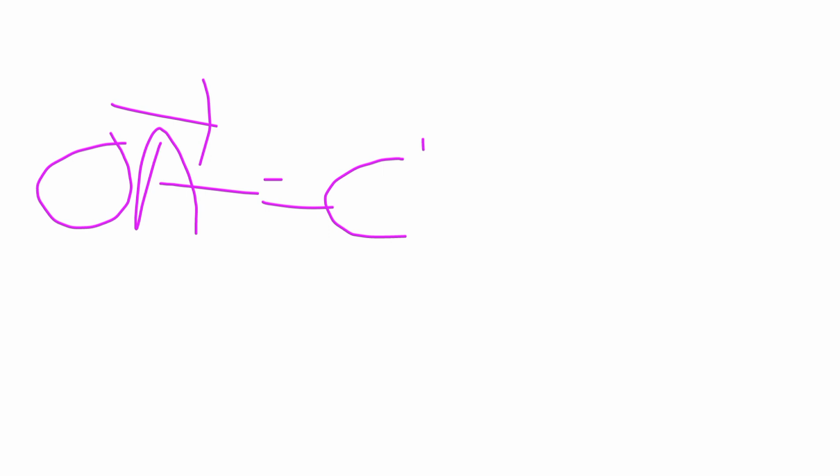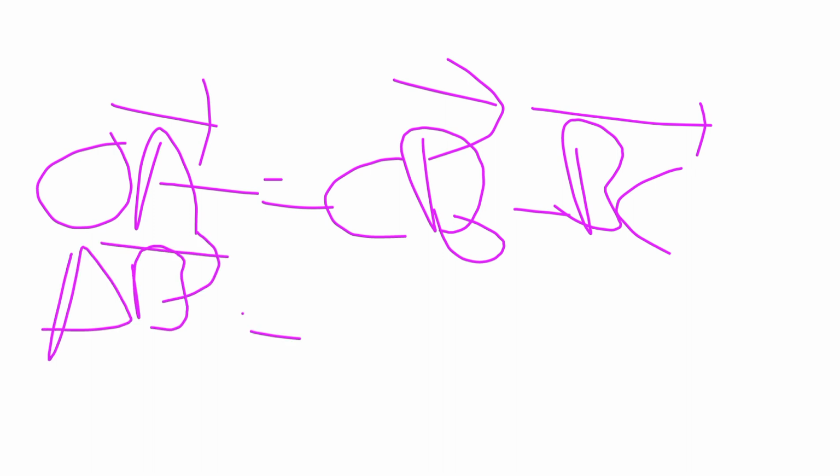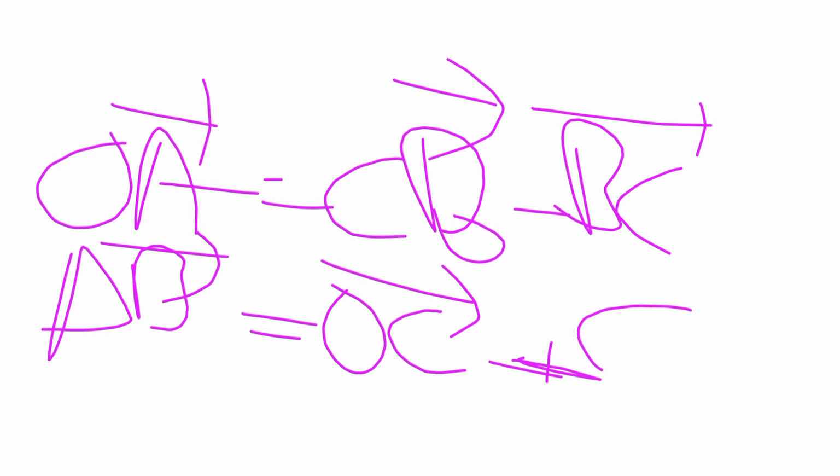There is a tricky question. What is the OA vector? CB vector minus BC vector. Okay, what is the AB vector? The AB vector is OC vector minus CO vector.